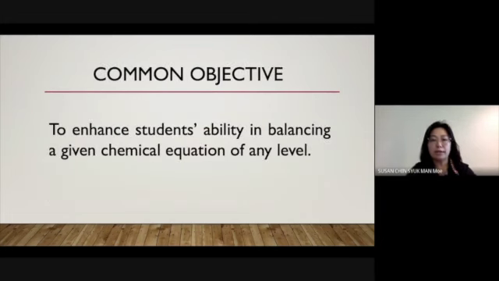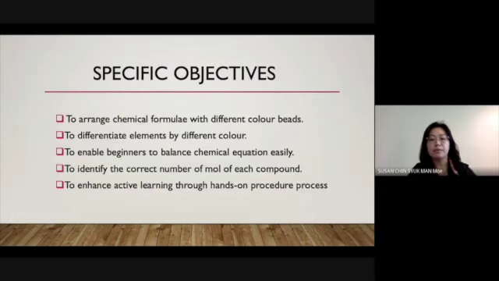The common objective of my action research is to enhance students' ability in balancing a given chemical equation of any level. And specific objectives are, number one, to arrange chemical formula with different color bits. Number two, to differentiate elements by different color.